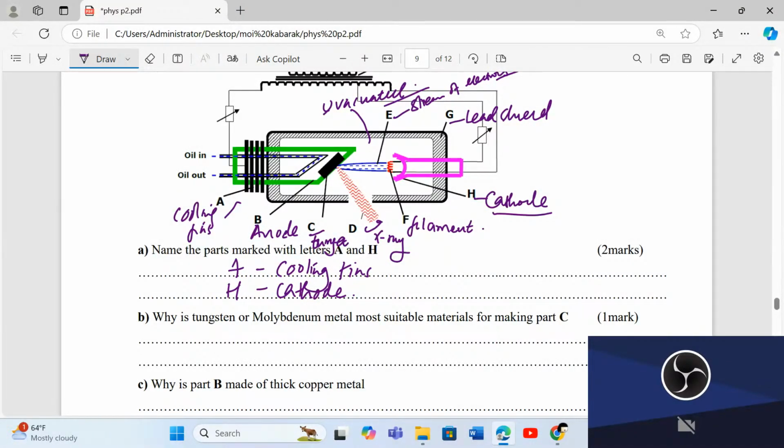Therefore, they are materials that are of high melting points, to withstand the heat.